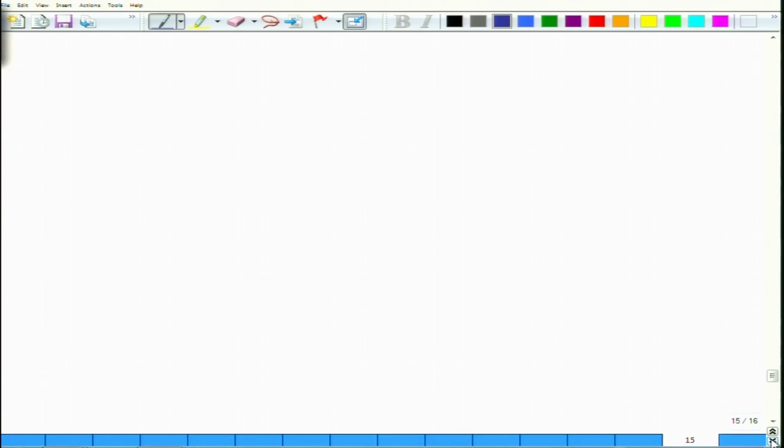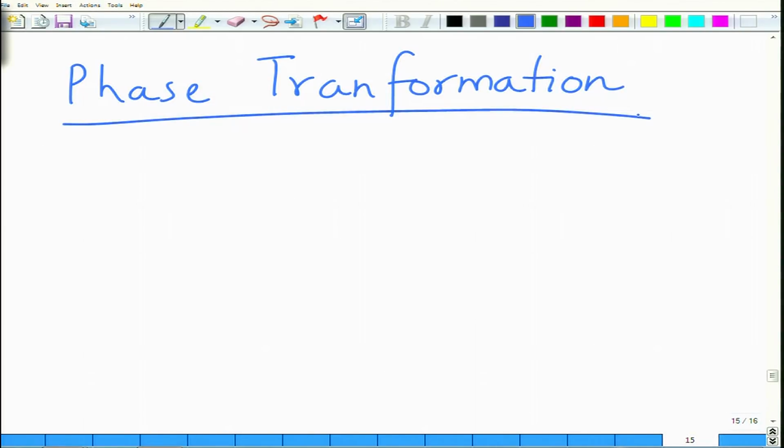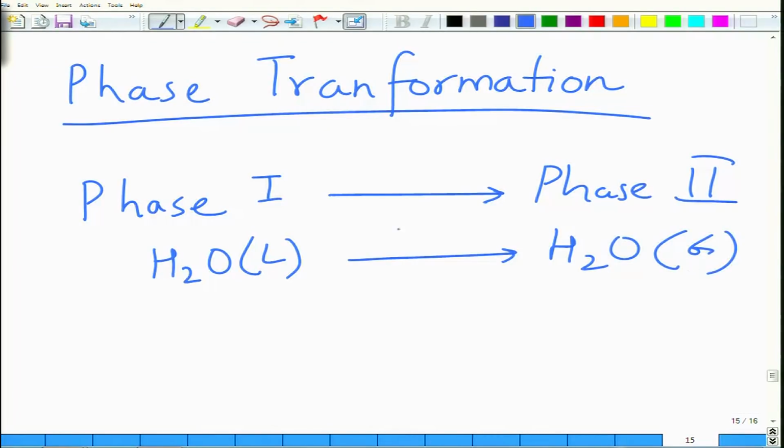Now, why is it important? It is important in processes of phase transformations, because when we process materials, material goes from one phase to another. So there is a concept called phase transformation. Phase transformation is basically you can have phase 1 transforming to phase 2, for example, H2O in liquid form transforming to H2O in vapor form when you increase the temperature.